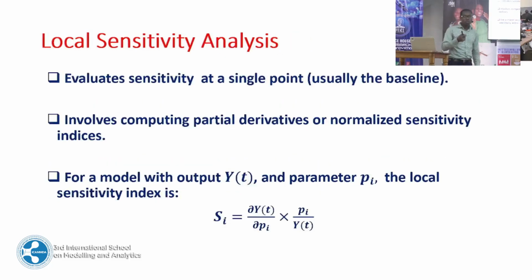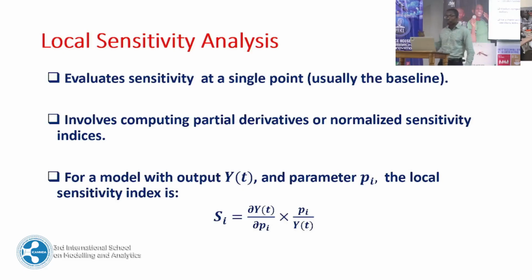So let's see local sensitivity analysis. How do we carry it out? It evaluates sensitivity at a single point, just like I mentioned earlier, usually the baseline. It involves computing partial derivatives or normalized sensitivity indices. Those of us that have a mathematical background are familiar with partial derivatives.